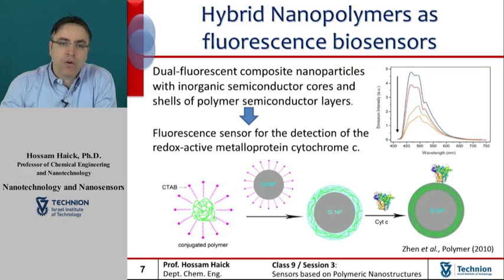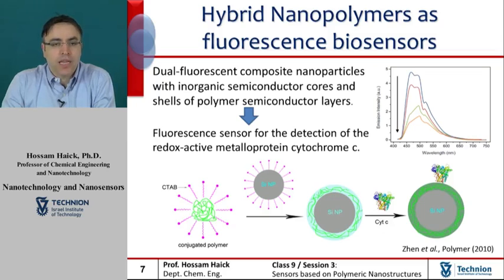The arrow indicates the direction of the change in emission intensity with increasing concentration of cytochrome C. Fluorescence emission of the hybrid silicon conjugated polymer nanocomposite is steeply quenched as cytochrome C increases, and the minimum detection concentration for the redox active protein is found to be 50 nanomolar.